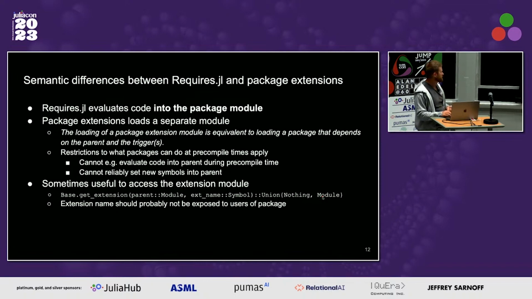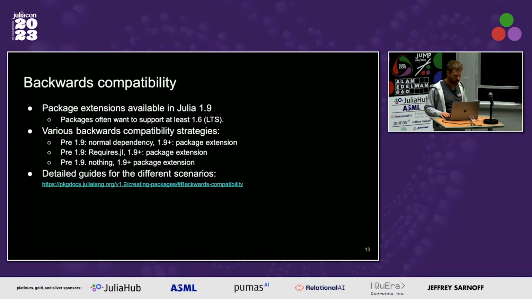As a best practice, I don't think the extension name should be exposed to users of the package. That should probably be kept internal to the parent. I think that's a good idea. But this feature is new, so saying best practices is a little bit hard since we don't have so much experience with it, but that's at least a feeling that I have.